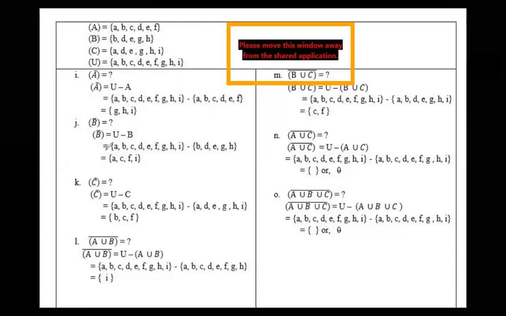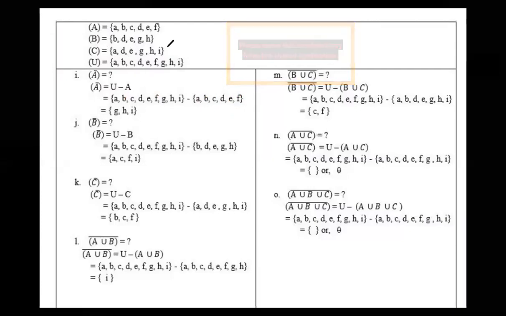So similarly, let us go to the B complement now. B complement means universal set minus B. So U means again the same thing: A, B, C, D, E, F, G, H, I minus B. B means B, D, E, G, H. So what is our technique? Just cancel repeated letters.